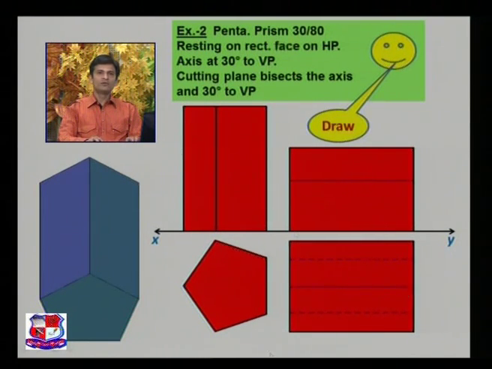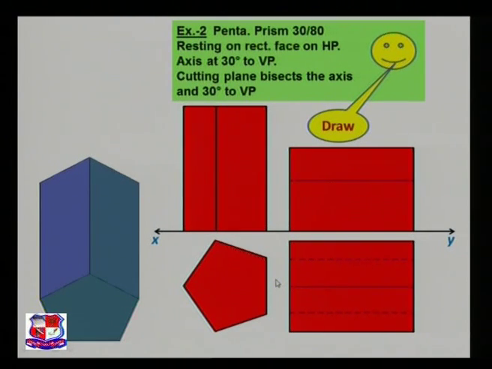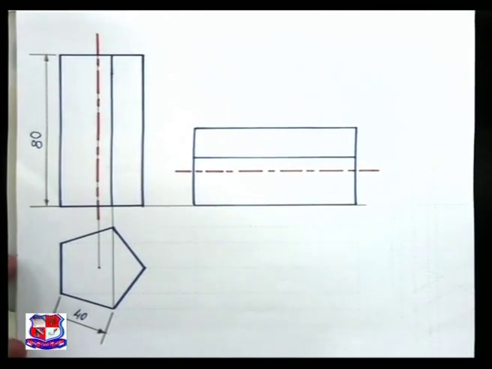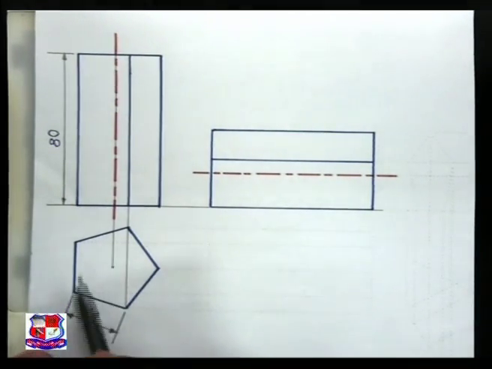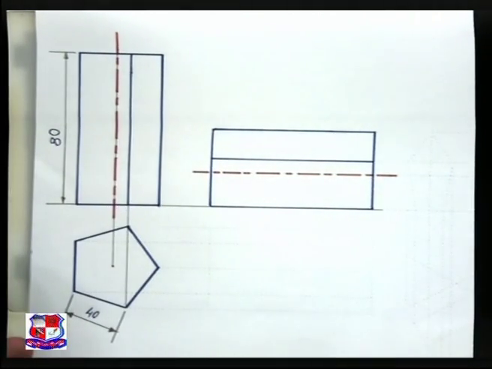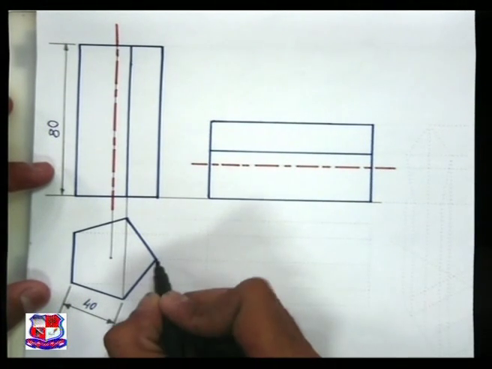Now let me draw further steps for this problem in our drawing sheet. We know how to draw up to this step, right? The pentagon below the XY line having one side perpendicular to the XY line and height is 80 mm. Let me name the endpoints.